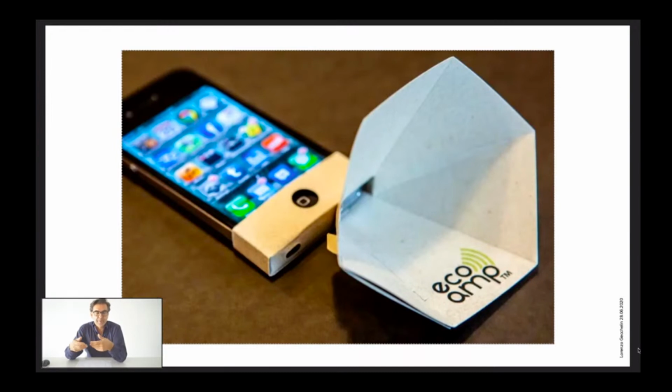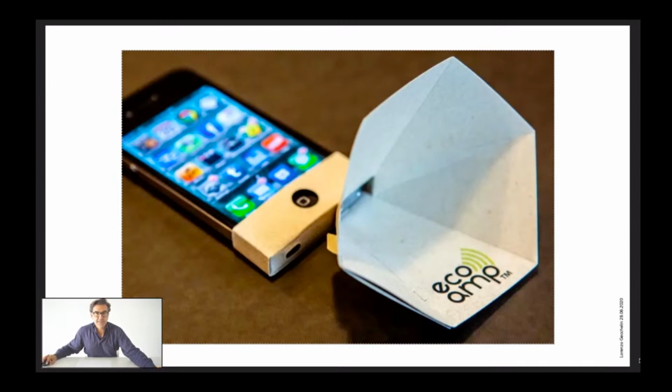So once you open the package you receive, you simply need to follow the instructions in order to get this cone-shaped form that allows the music coming from the speaker of your mobile phone to spread in a more, let's say, stretched way in the room, in the environment around you.